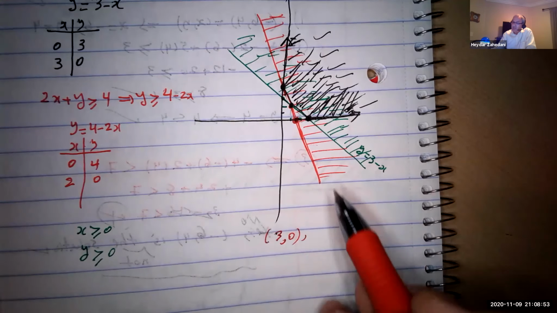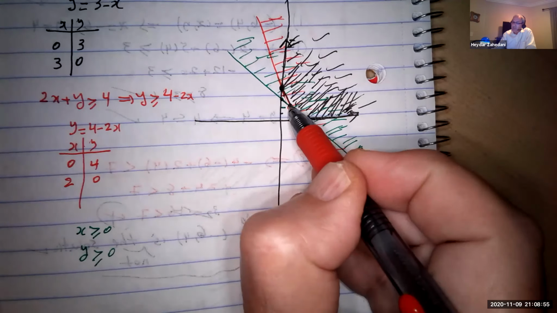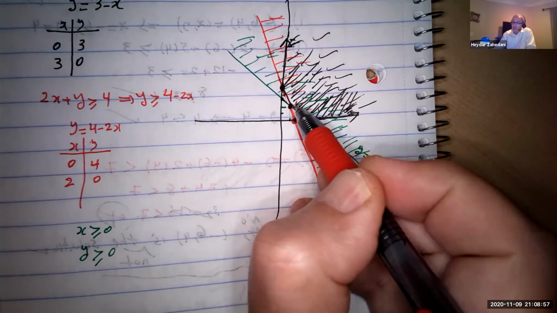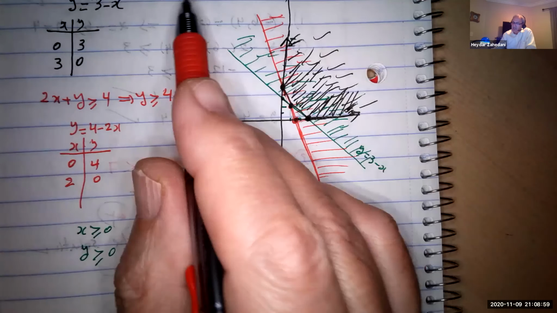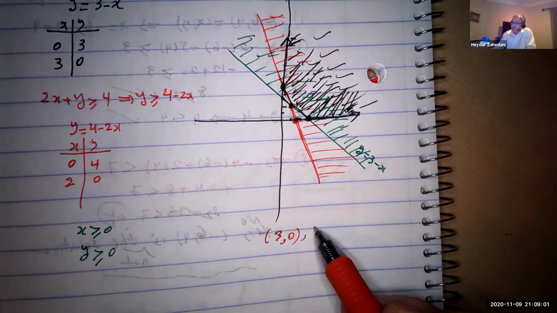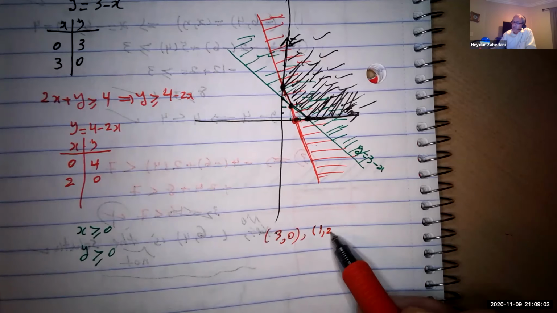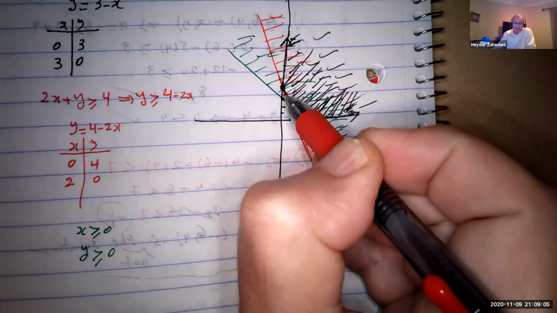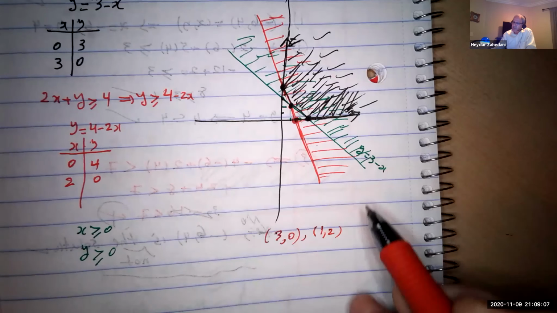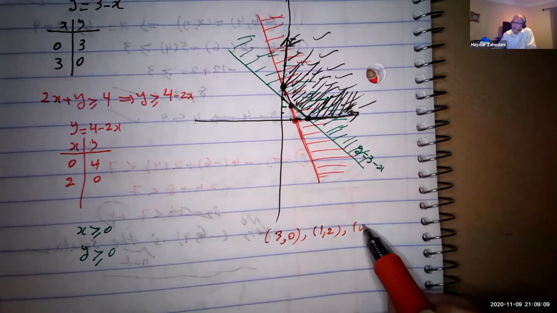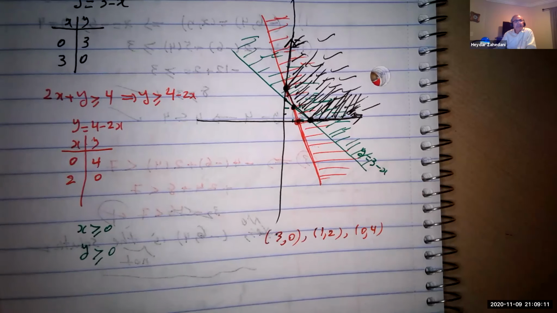Okay, we can intersect it together. You see this point? This point is going to be the intersection between these two lines. So that gives us 1 and 2. Okay, 1 and 2, and you have one vertex over here, and that vertex is going to be 0 and 4.